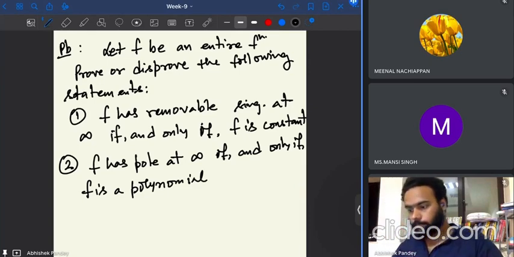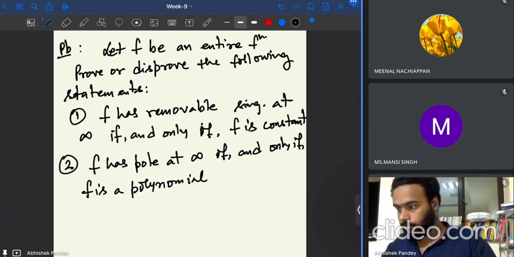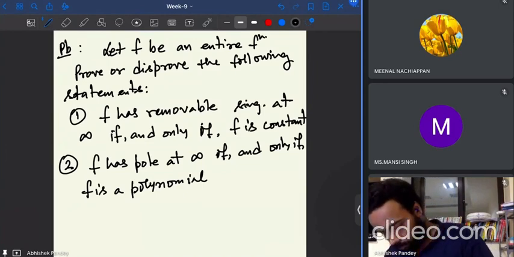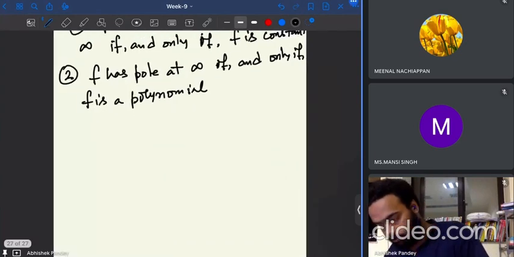And the other thing is, just let me see. Okay, so let us see this one. Just look at the solution of this one.